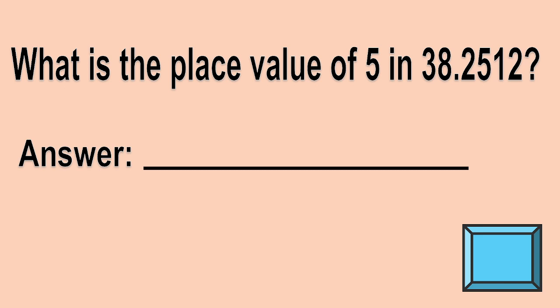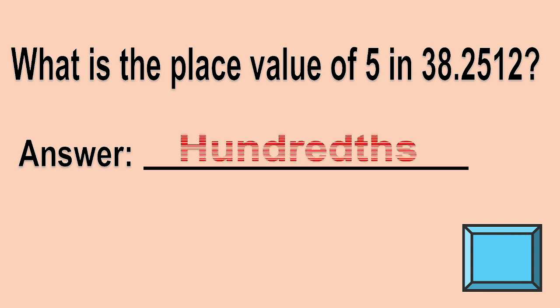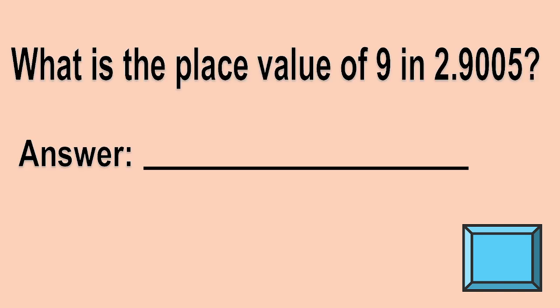Next, what is the place value of 5 in 38 and 2,512 10,000ths? Time's up. The answer is hundredths. Another. What is the place value of 9 in 2 and 9,005 10,000ths?